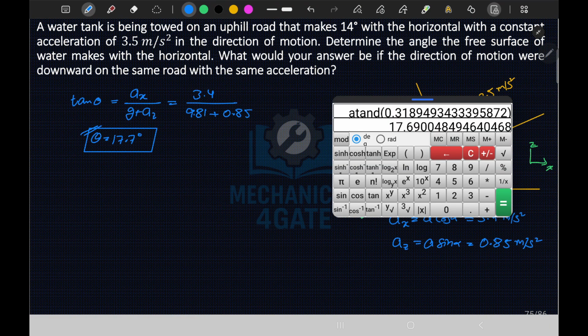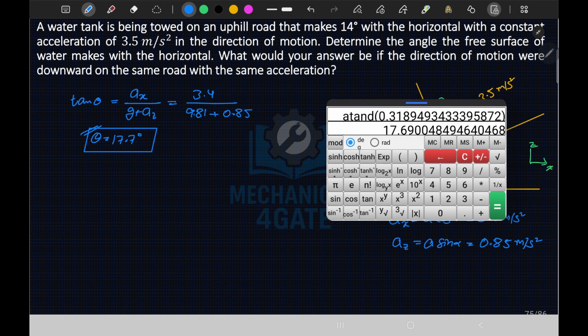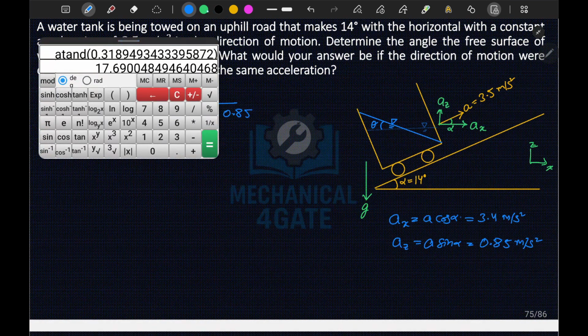Now the second case asks what your answer would be if the direction of the motion becomes downward on the same road. Let's say that in the same case, this is your a dash.